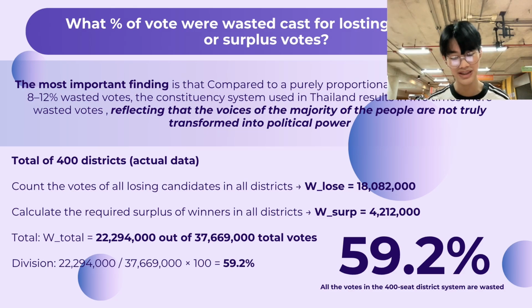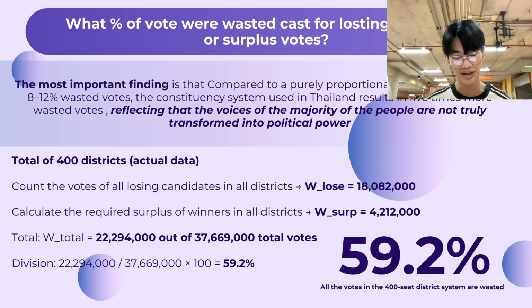Total for the 400 districts, the actual data counts the votes of losing candidates in our area. And next is to calculate the surplus of the winning candidate in our district, which is the surplus vote. So the total equals 22 million 294,000 out of the 67,449,000 total votes.